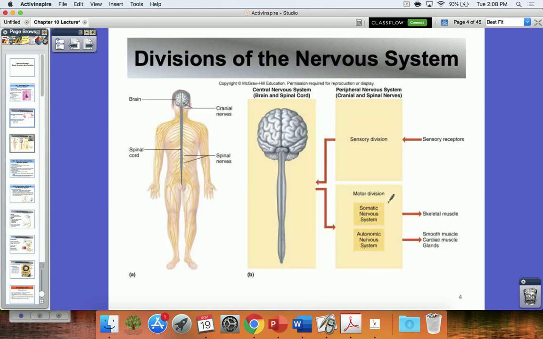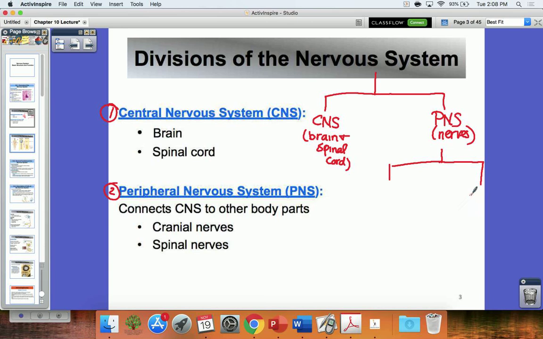If you look at this chart, this is the CNS, this is the PNS. The PNS is actually divided into two portions, the sensory and motor. So back to my chart, we have motor here. We have sensory. Those are the two divisions of the PNS.